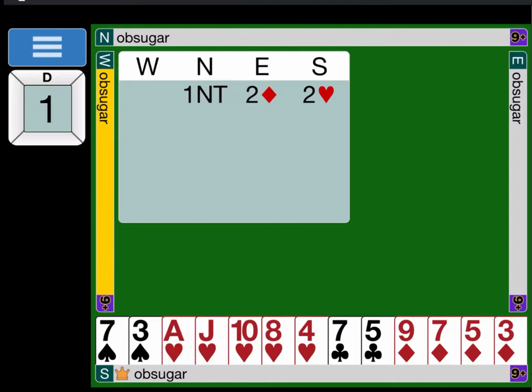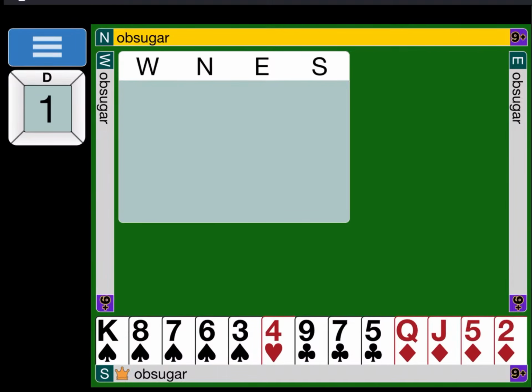Sometimes they do. Sometimes they have 4 or 5. Okay. Here we go. So one no trump. What would you do with this hand? Jim's going to transfer.